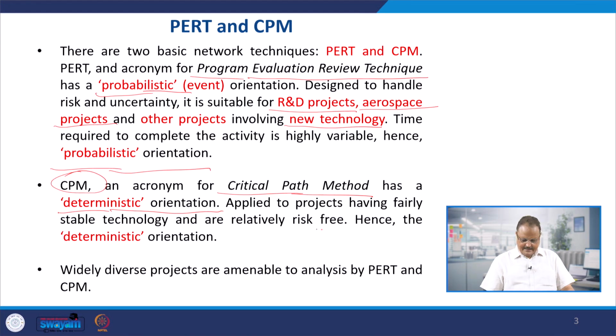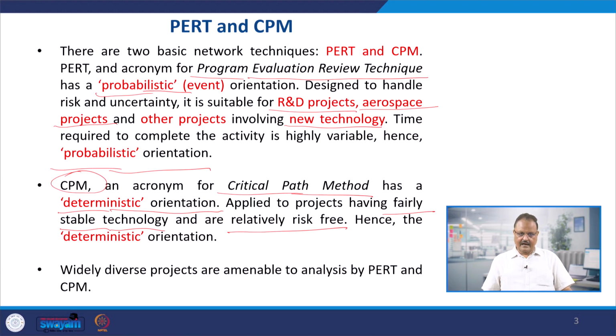That means a high amount of risk is not involved in such projects, which may be repetitive kinds of ventures where the technology has already been tested and the product has already been tested, and we are going to set up the venture in a new market maybe, but we have already tested that venture in one other market. So when we are expanding the market, we may use this kind of networking technique, which is called the critical path method.